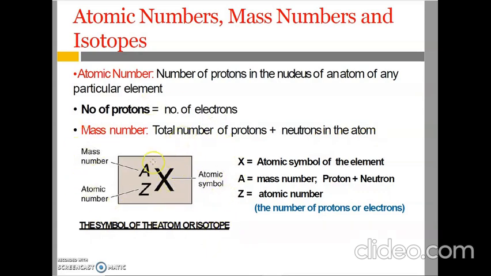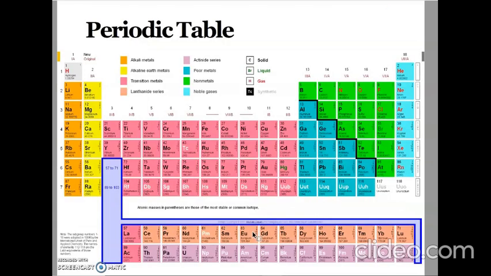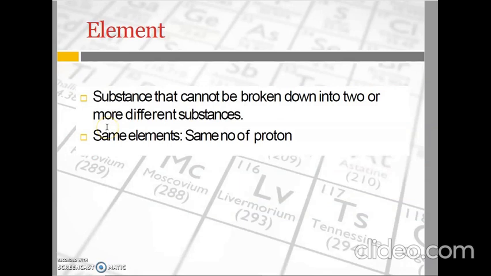Okay, so X is the atomic symbol, A is the mass number, and Z is the atomic number. So in the periodic table, to represent each of the elements, each of the atoms, this is the form. Okay, here in this periodic table, you can see the atomic number and mass number.